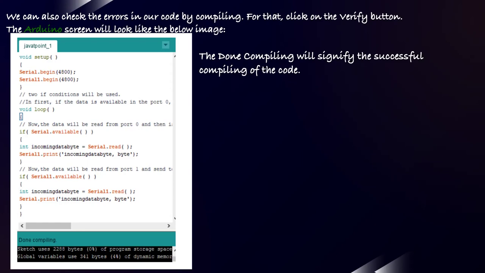The incoming data byte, in byte format. Then if Serial1.available, again int incomingDataByte equals Serial1.read, and Serial.print the incoming data byte in byte format. After this, when we click on the verify button, the done compiling message in the bottom part will signify the successful compiling of the code.